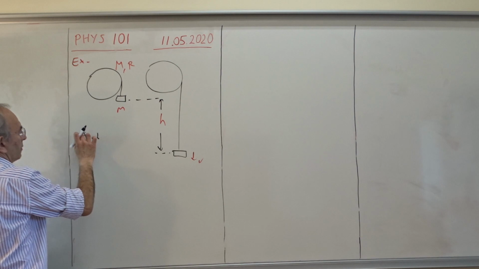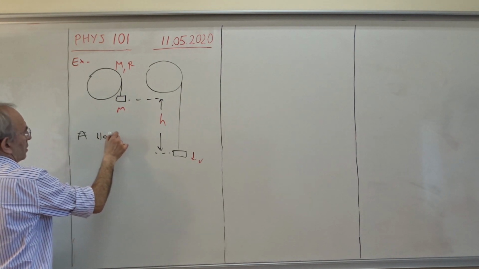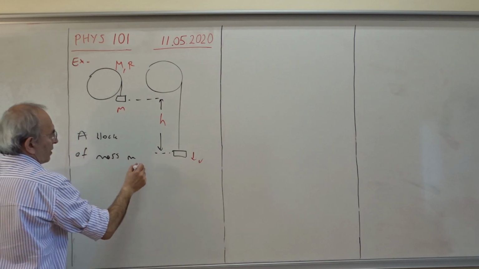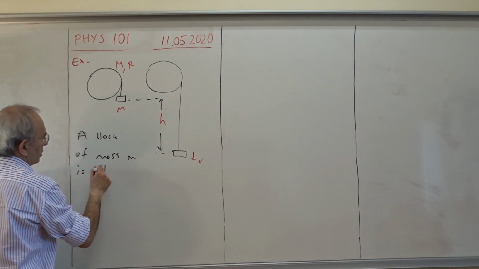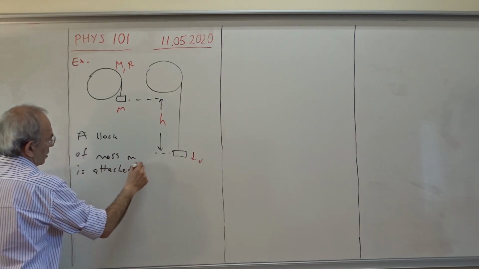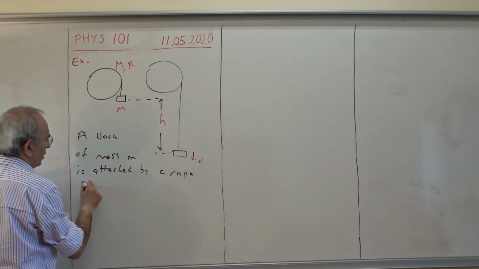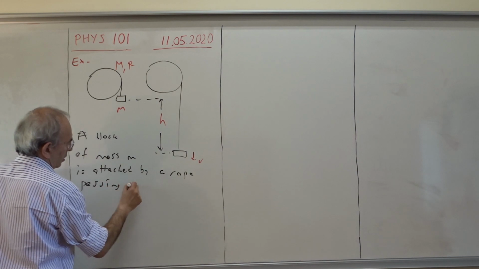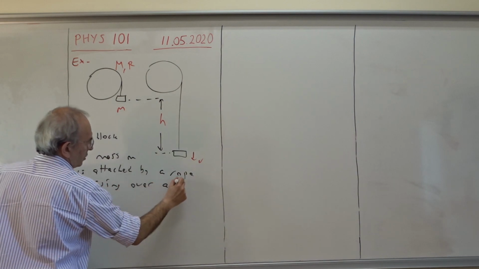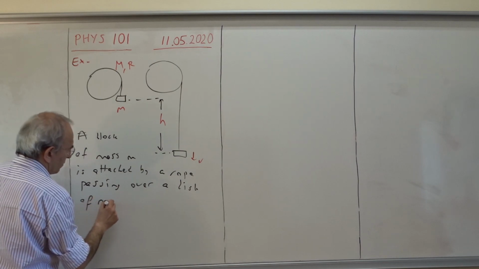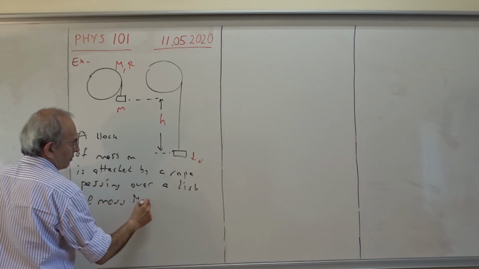A block of mass m is attached by a rope passing over a disk of mass capital M and radius r.